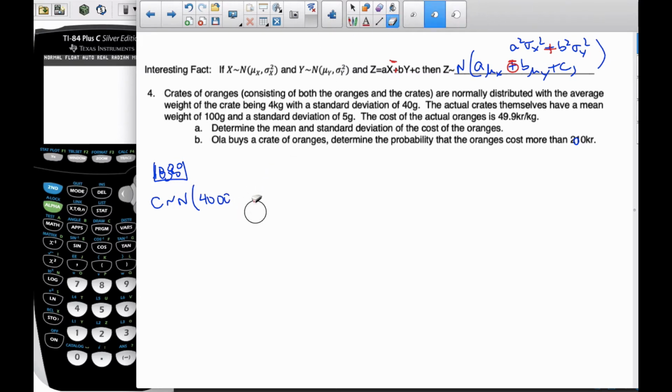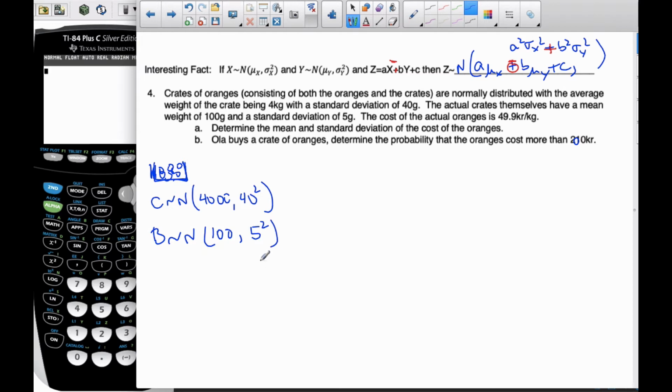And the standard deviation is 40, so the variance is 40 squared. The crate themselves, meaning the wooden part of the box, we'll call that the box, is also normally distributed with a weight of 100 grams and a standard deviation of 5 grams.